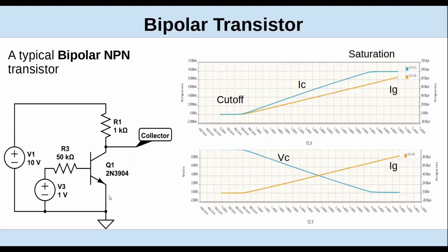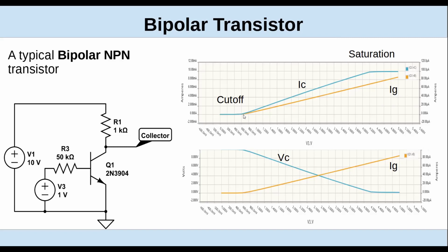I did a simulation of a typical 3904 NPN transistor. It's a very common one. It's used in all sorts of stuff, been around for years. And you can see the blue line is the collector current, and the yellow line is the, oh, I got a G there, should have been the base current. And the scales are on opposite sides.